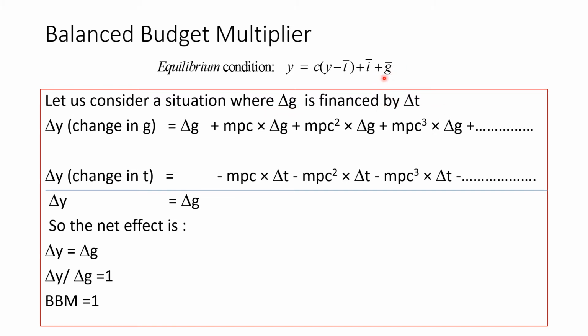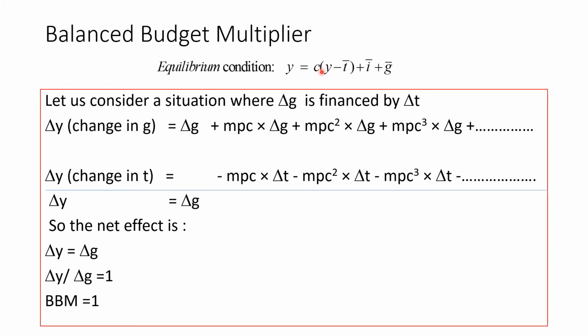So here, if you consider the equilibrium condition, G is increasing, so that will have an expansionary effect on Y. Y will increase, but at the same time we are raising tax, that will have a contractionary effect on Y, because an increase in tax will have a negative impact on consumption.